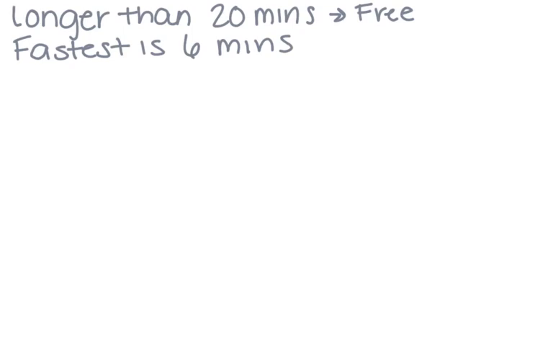So we're going to use the variable x, and because we have two numbers, we're going to put x in the middle. So then we're going to have our inequality signs going this way to show the two numbers. Our smallest number is 6, so that's going to go on the left.